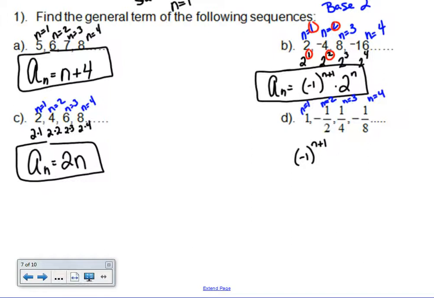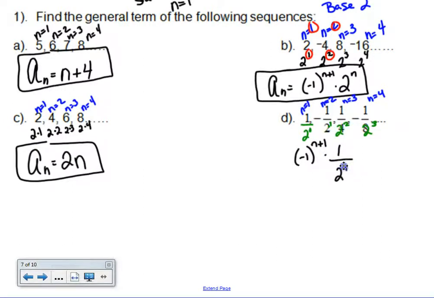And the other thing I notice, besides the 1s in the numerator, is the denominators are again going to be the 2s. So this is like 2 to the 0 power, this is 2 to the first power, this is 2 to the second power, this is 2 to the third power.